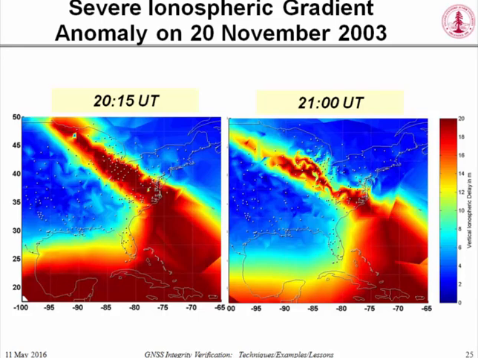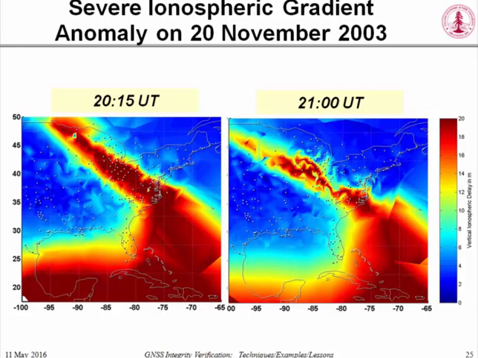But in SBAS and GBAS, we have single frequency users that either apply corrections or assume that the ionosphere is very steady. Whether it's high delay in red or low delay in blue, it's very steady over the 10 to 15 kilometers between the reference station and the user. That's true almost all the time.